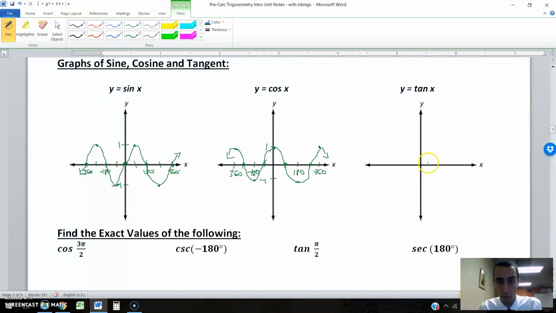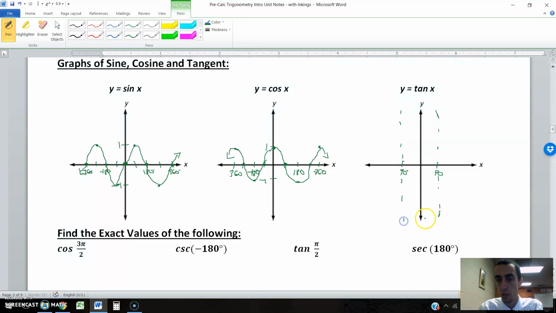The tangent graph looks much different than either of them. Tangent graph has a couple asymptotes. These asymptotes are at positive 90 degrees and negative 90 degrees. They're vertical asymptotes. It's rather hard to draw with this stylus that I have. You get the idea.